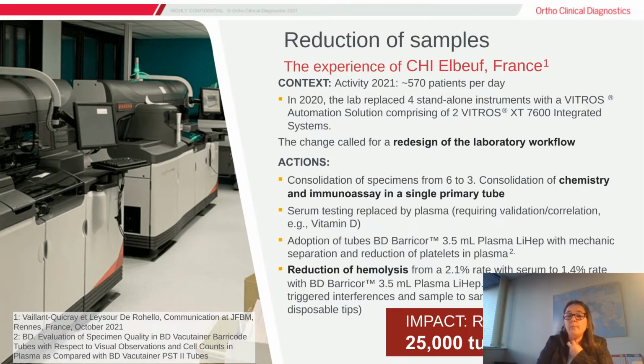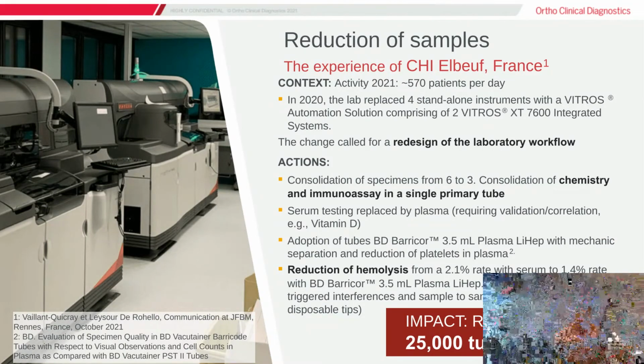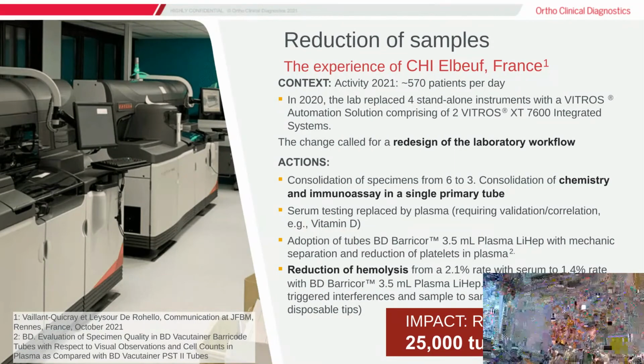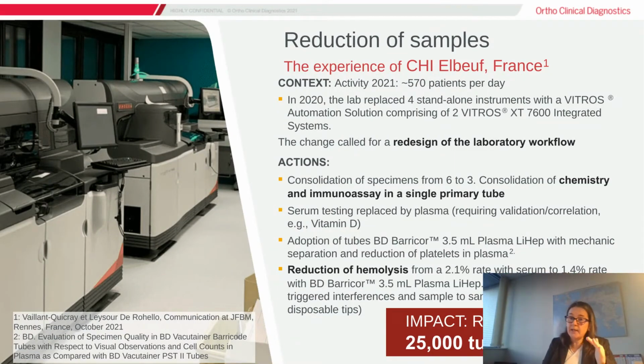This contributed to reducing the hemolysis rate from 2.1% with serum to 1.4% with BD Barricor 3.5 ml plasma tubes. In addition, thanks again to Vitros technology, water-triggered interferences were completely eliminated, as well as sample cross-contamination, thanks to the use of disposable tips.